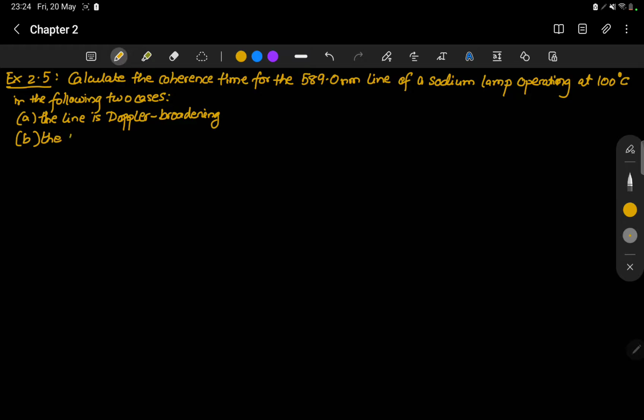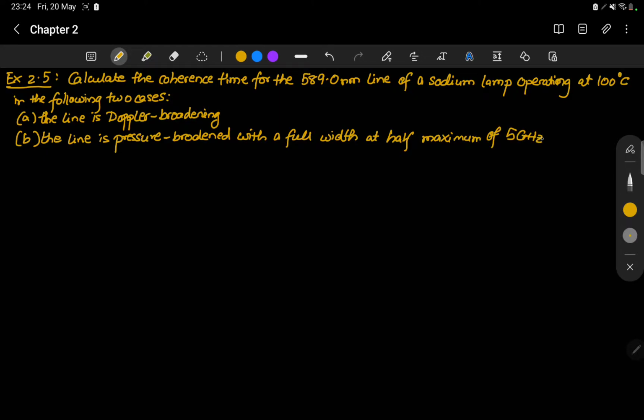So B, the line is pressure broadened, with a full width at half maximum of 5 gigahertz.